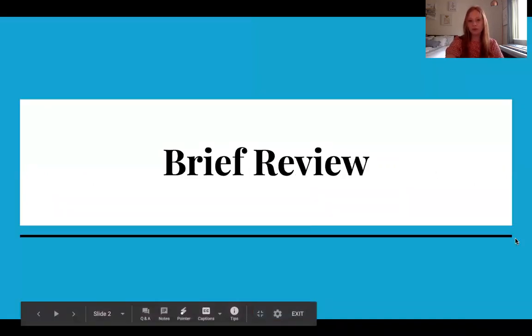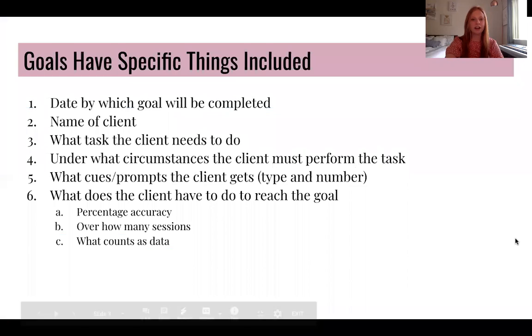So just a brief review, like we talked about last semester, goals have specific things included in them. There's a couple different things that every goal needs to have. The first one is the date by which the goal will be completed. The second one is, of course, the name of the client. The third one is what task the client needs to do.